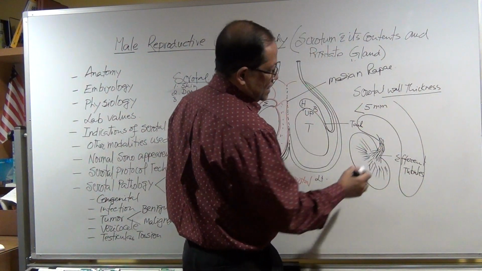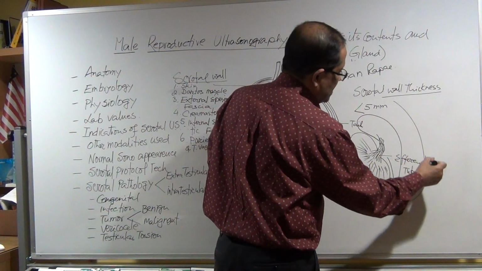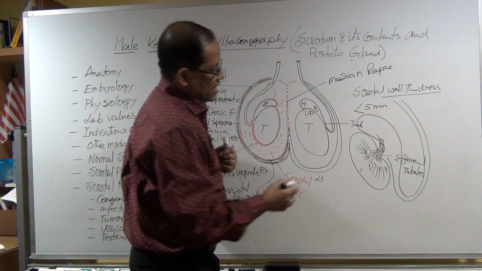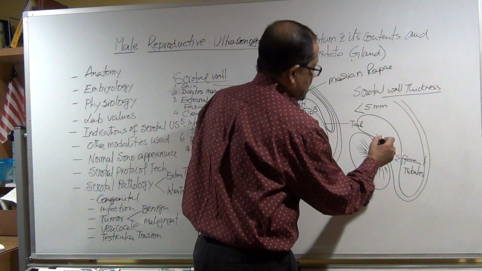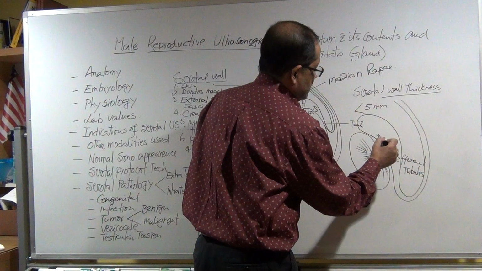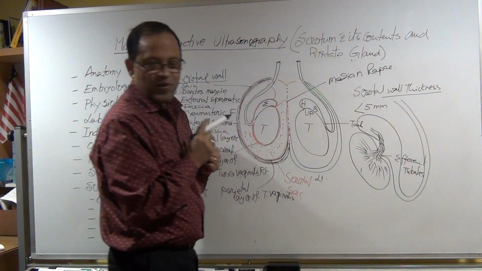It is going inside the, who is this? Epididymis, right? It is going inside the epididymis. Then what happened? Then they finally will form one tube.